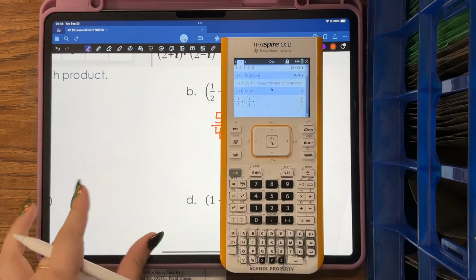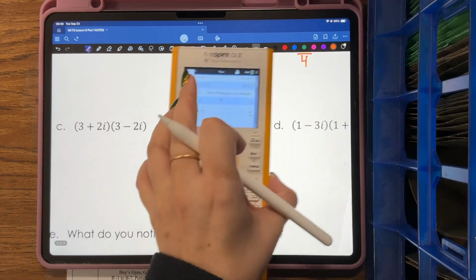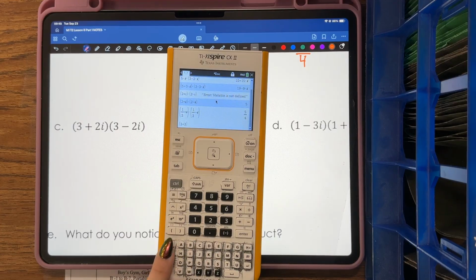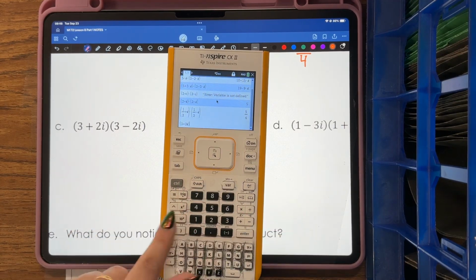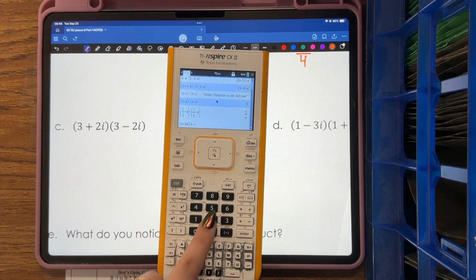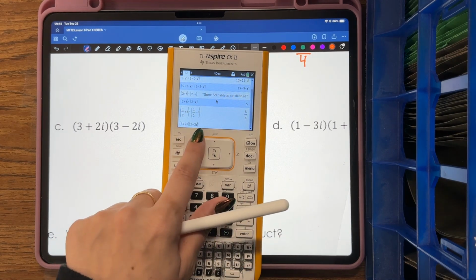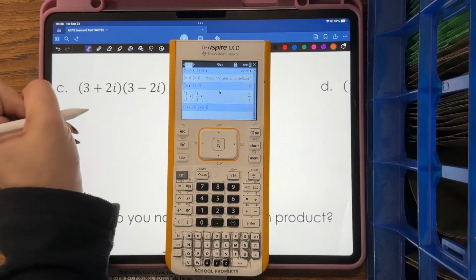Okay, going on to the next one. 3 plus 2i, 3 minus 2i, that is 13.